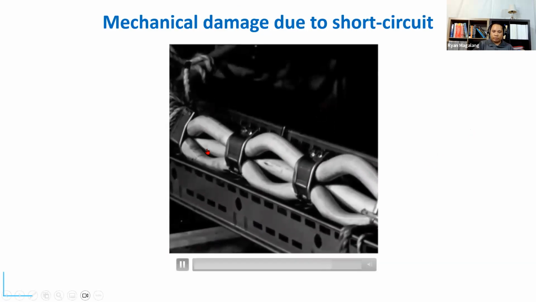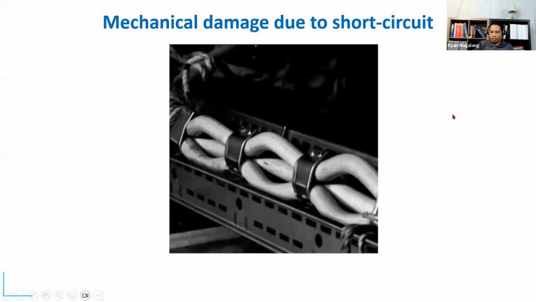You see that? So that's the fault. That's the effect of a fault. It twists your conductors. So imagine that happening inside your panel board, your MCC, inside your transformer.